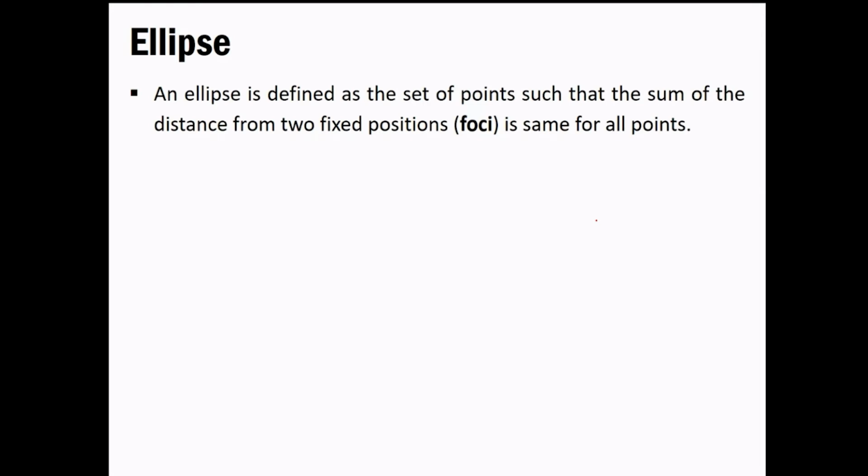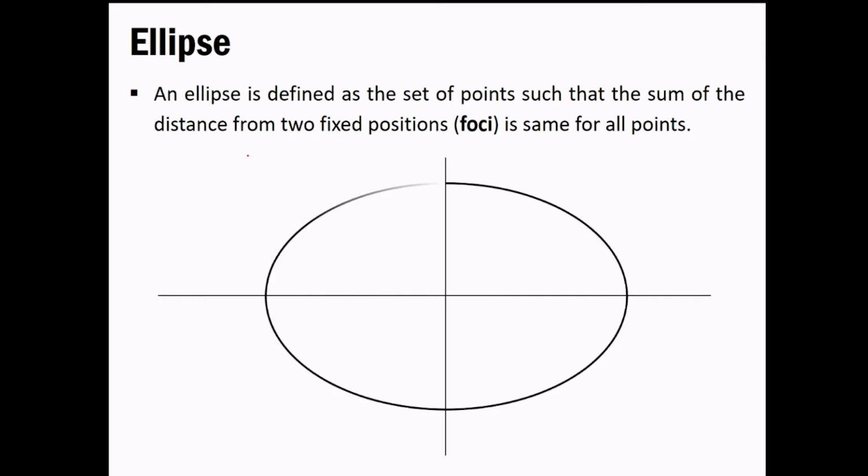Now the very basic thing it says is that an ellipse is defined as a set of points such that the sum of distances from two fixed points, shown over here, is the same for all points.